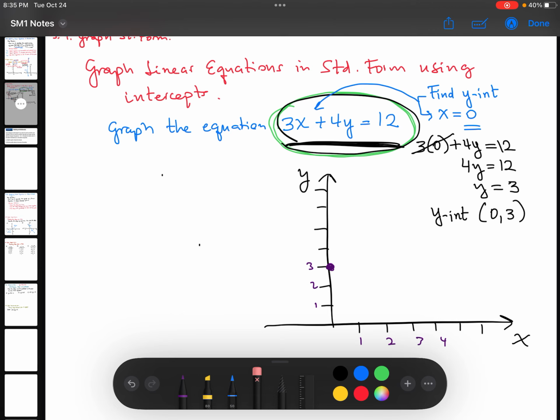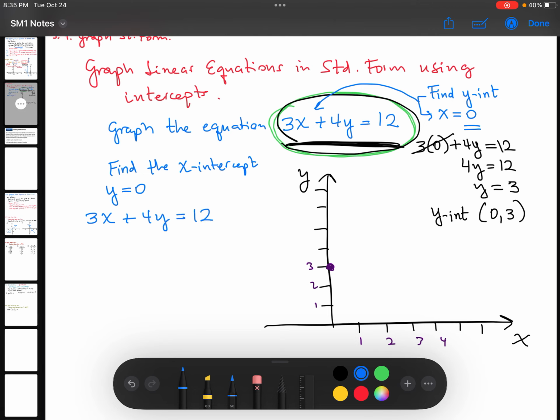What do I know about the x-intercept? Pardon me because I erased that, but if you paid attention, what do I know about the x-intercept? That the y value is 0, and I'm going to use the equation again. 3x plus 4y equals 12.